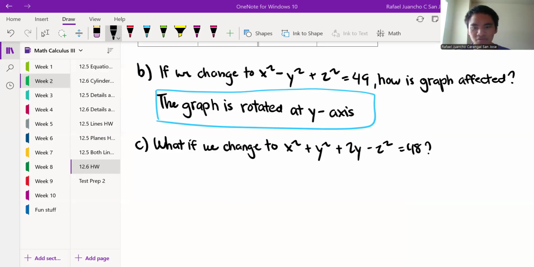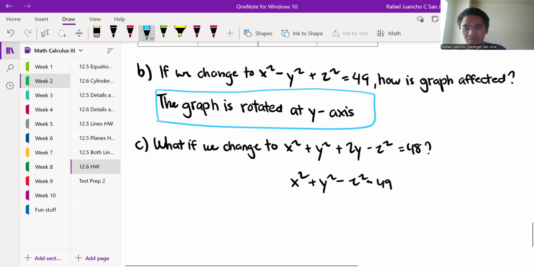So here the original was x squared plus y squared minus z squared equals 49. And then we added this 2y, and then this became 48. So initially, it's revolving around the z-axis. It's still revolving around the z-axis because of this negative here. So that doesn't change. But it's apparently something about shifting, right?